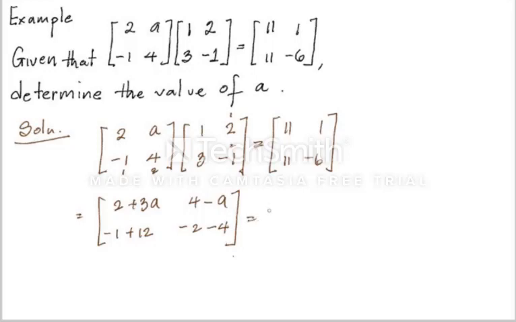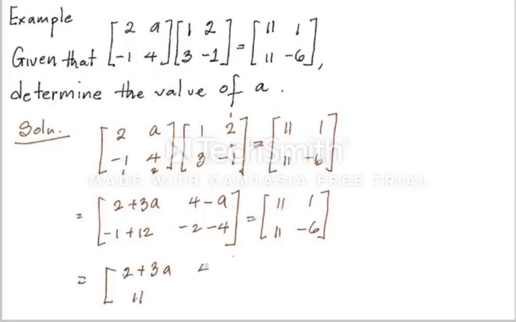So this is 2 plus 3A, and down the bottom, minus 1 plus 12, which is 11.